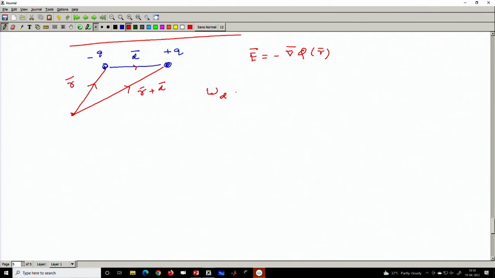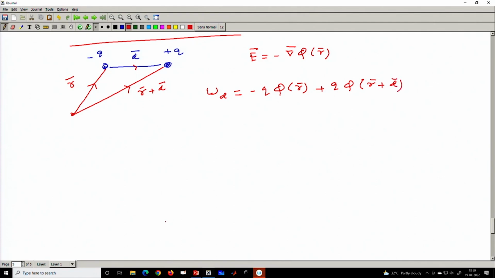So for the dipole it is the charge, minus q, times phi at point r, plus q times phi at r plus d.